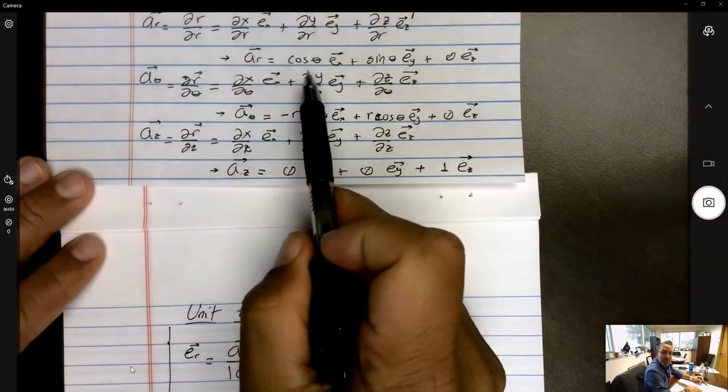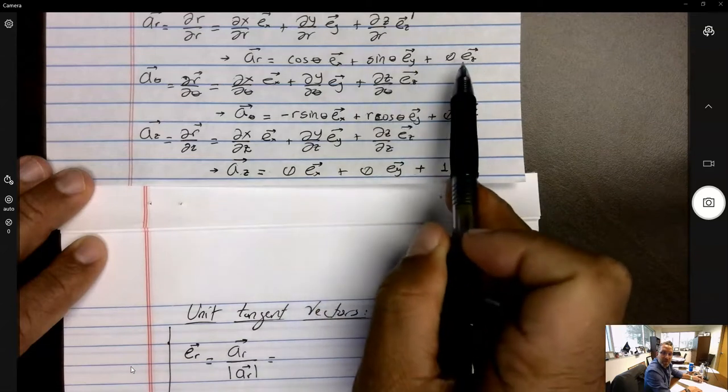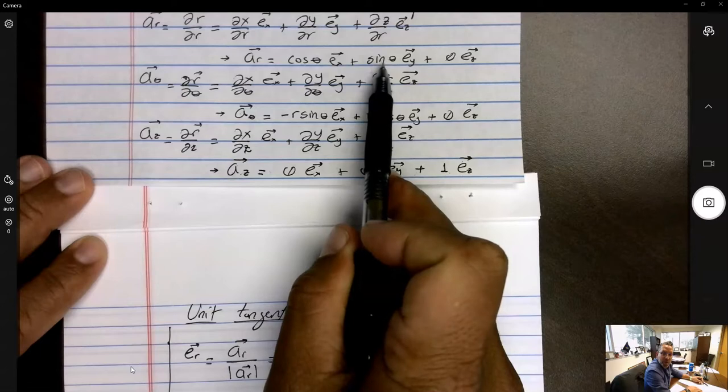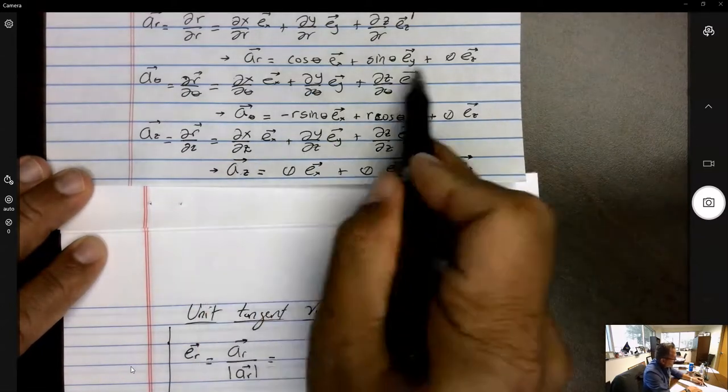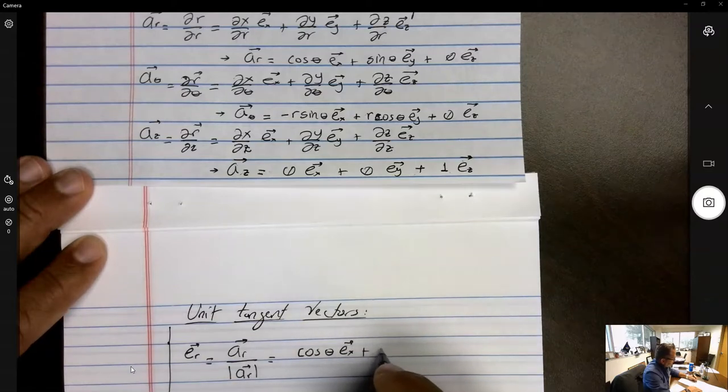So we take this first vector here, take the magnitude of that vector, which is this one squared plus this one squared plus this one squared, square root. So that would be the cosine squared plus the sine squared, which is 1. Square root of 1 is 1. So the length of these vectors is already 1. That means that this vector is already the unit tangent vector.